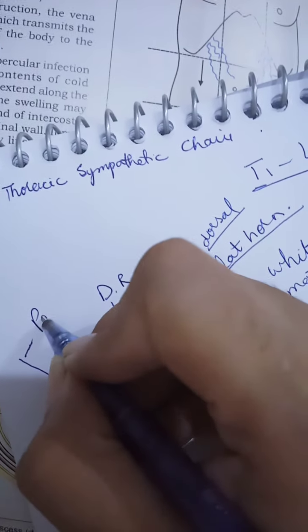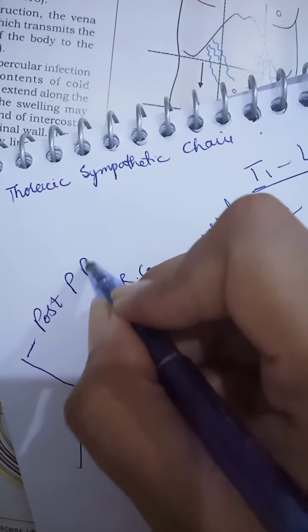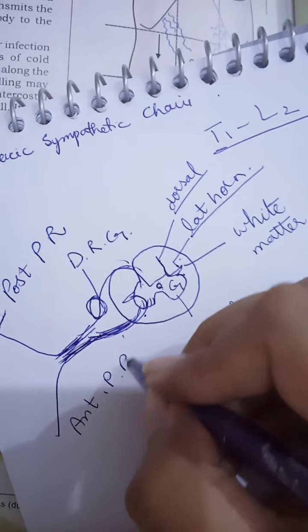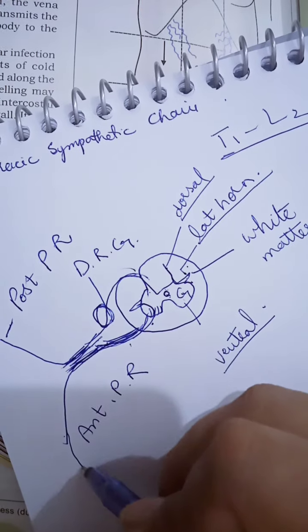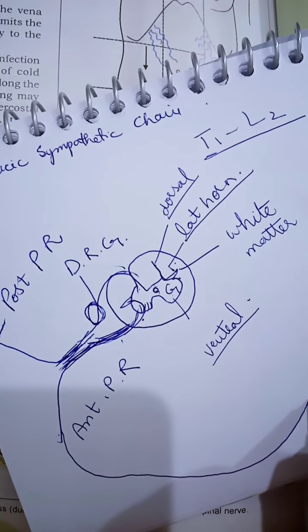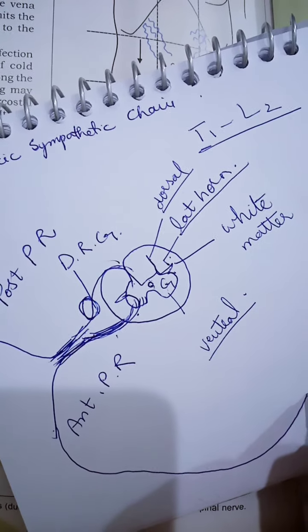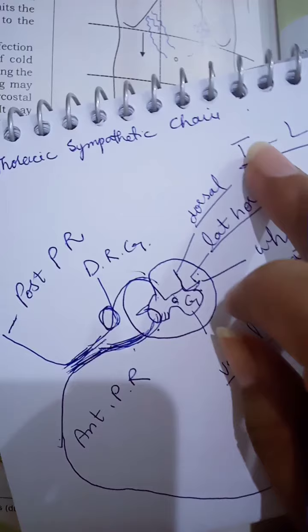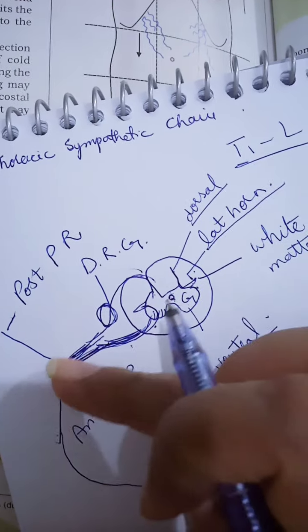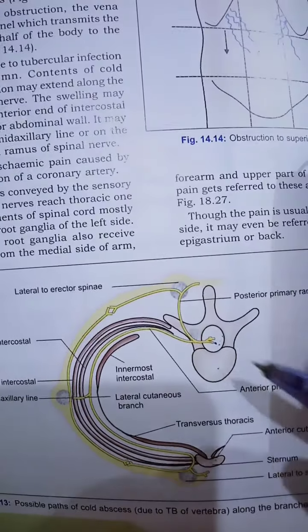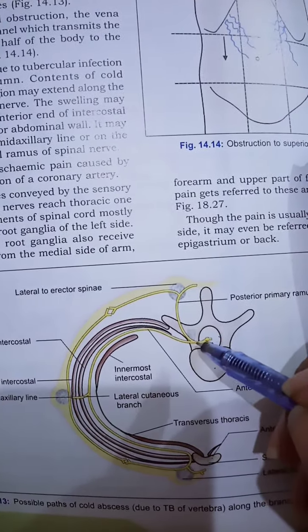There is a posterior primary rami, and here it is an anterior primary rami. This anterior primary rami will constitute the intercostal nerves in the thoracic region. The same picture you will see over here: this is the spinal nerve.